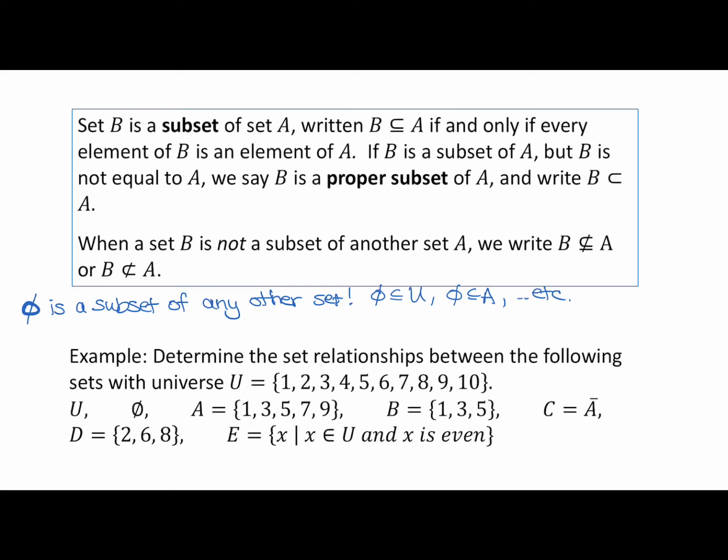All right, let's look at, say, A and B. A is the set 1, 3, 5, 7, 9, and B is the set 1, 3, 5. Is there a subset relationship between these two sets? Sure.